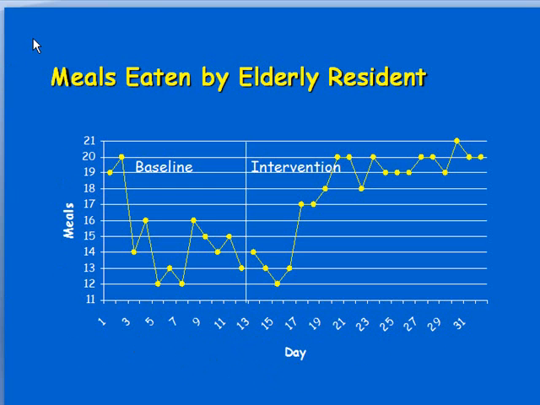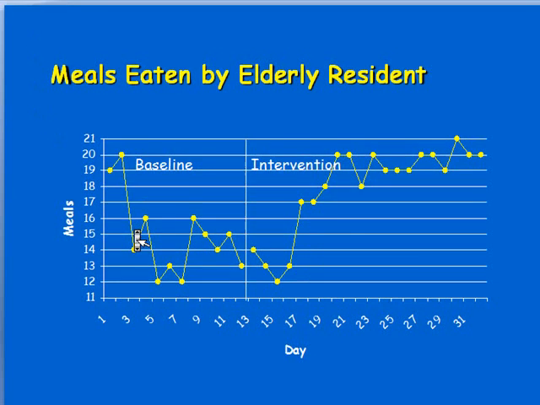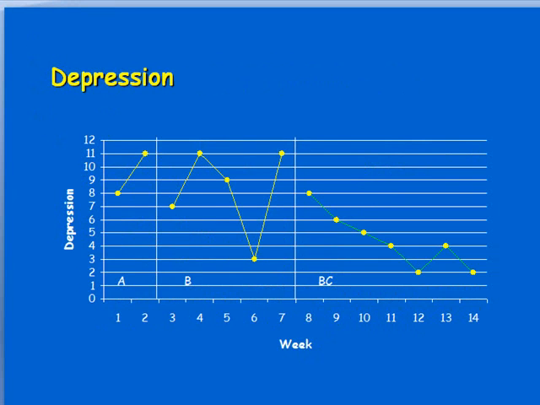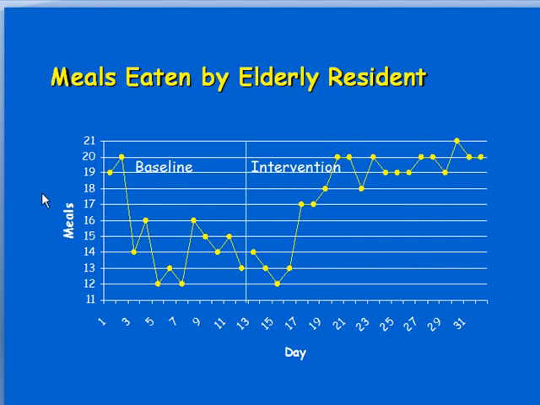But the situation in this example is that previously the dining room had been used by elderly residents in a nursing home, and then they noticed that fewer and fewer meals were being eaten in the dining room. So they decided to put into place a new intervention, a new plan.